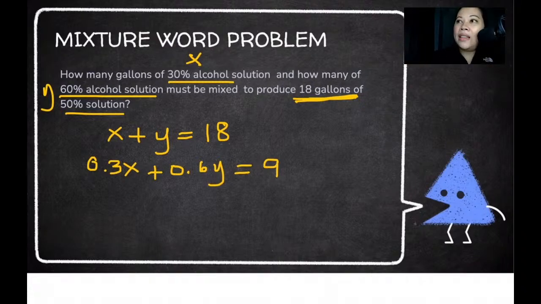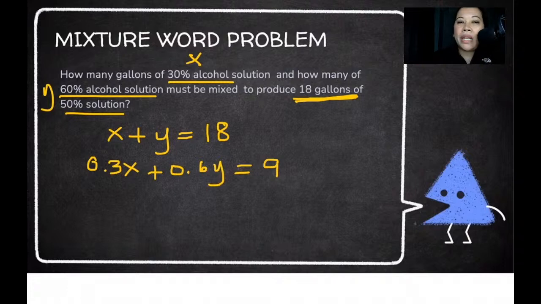That means that the final solution should have 9 gallons of pure alcohol. Because the 18 gallons was 50% solution only. So if it was 100% alcohol, it should have been half of the 18 gallons, so 9. Then of course, what's next would be you solve the equation.